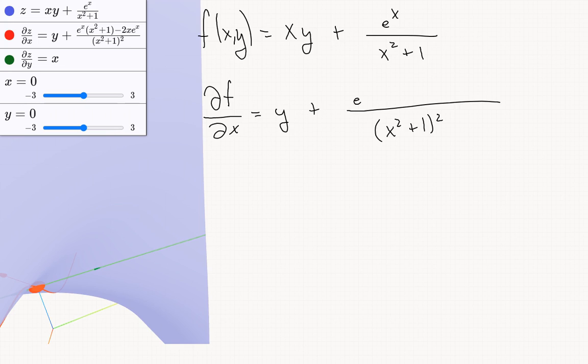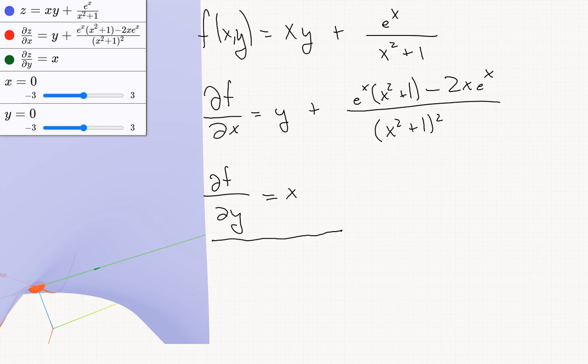The derivative of eˣ is eˣ, so we'll get eˣ(x² plus 1) minus 2x eˣ. And ∂f/∂y is a lot simpler, it's just x.